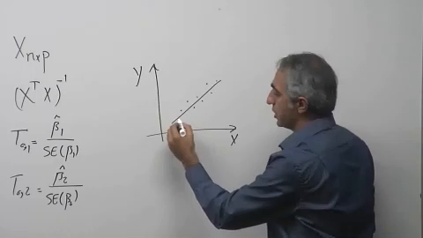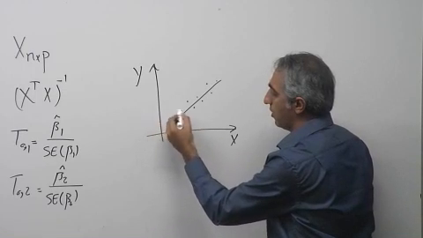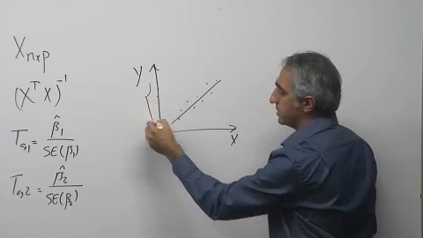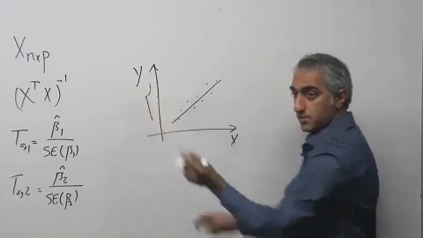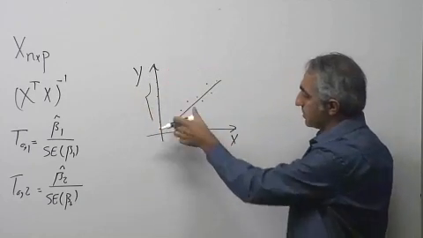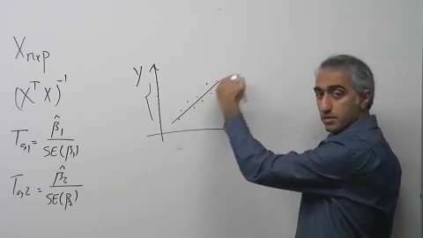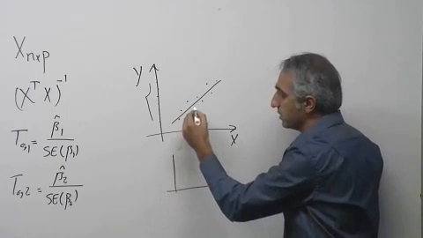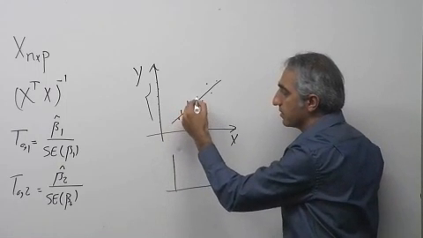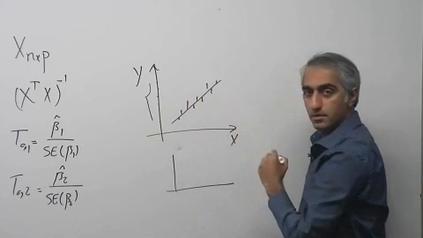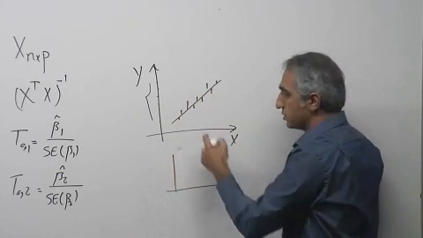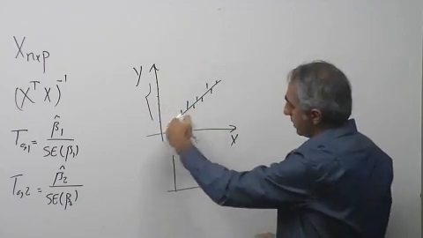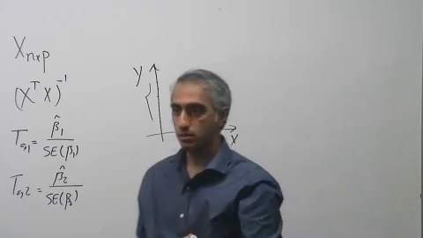If I project these points onto the y-axis, total variability is something like this. It's a big variability. But some of this variability is captured by the relationship between y and x. What is remaining is this part, which is the residuals. That part is the error. The part that you capture is your regression.